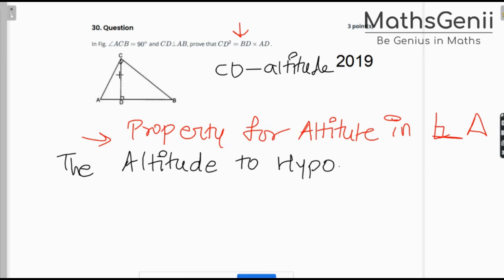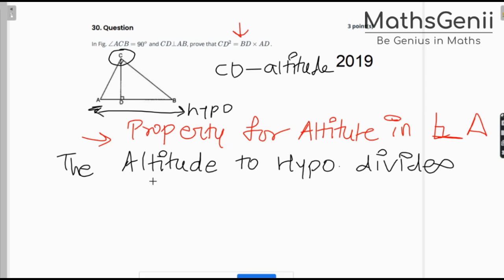Hypotenuse is what? Side opposite to 90 degree. This is 90 degree, so this line is your hypotenuse. So altitude is coming on hypotenuse. Altitude is dividing hypotenuse, so it divides the triangle in two similar triangles.